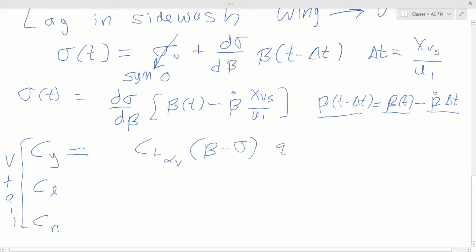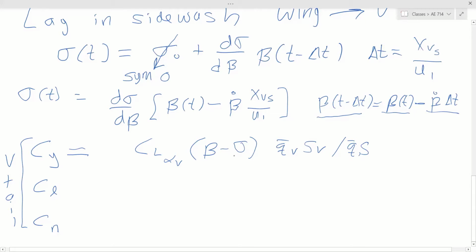And then we multiply by Q bar V, SV, and then it's non-dimensionalized with respect to Q bar S to get it for the entire airplane. So again, even though we maybe don't remember deriving this, it's real obvious. It's the lift curve slope times angle of attack times dynamic pressure and area.